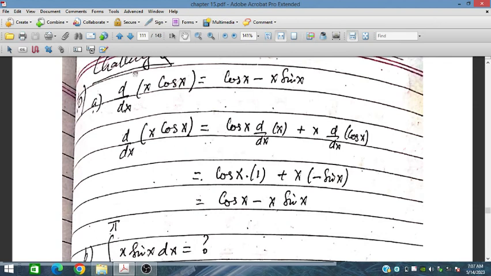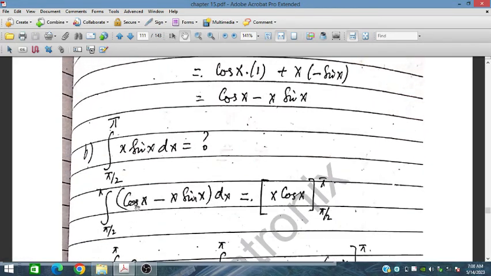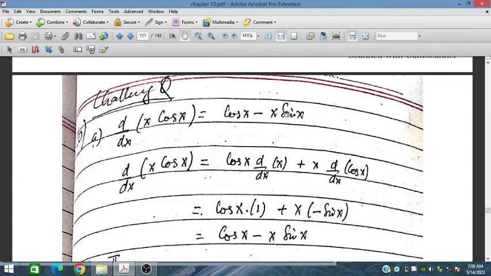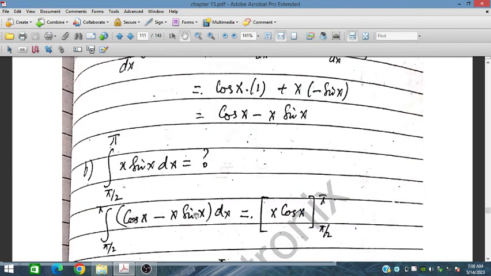So we'll integrate this, and it will appear as x cos x. We'll integrate it here, so cos x will be sin x. And integrating this one, x sin x appears as cos x integral, and minus this part. So in place of this, this can be placed.